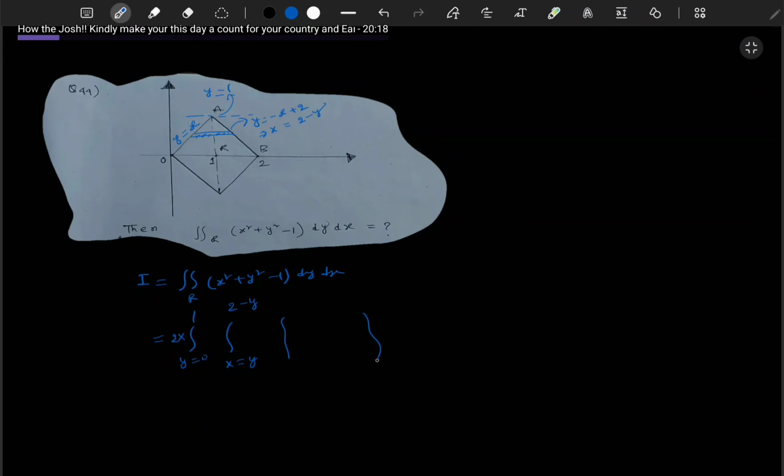So now we can solve this and you will get 0.667.